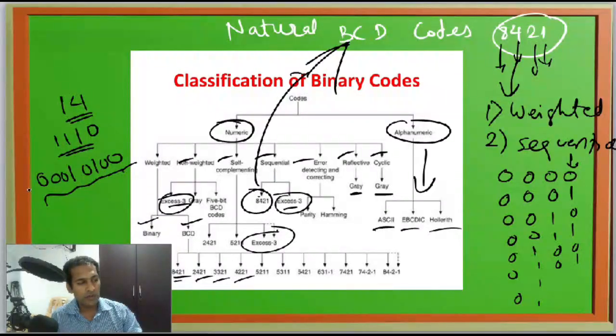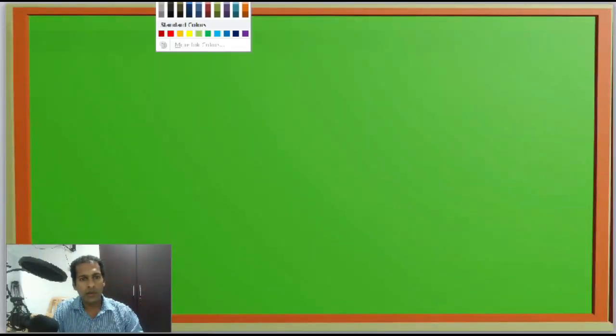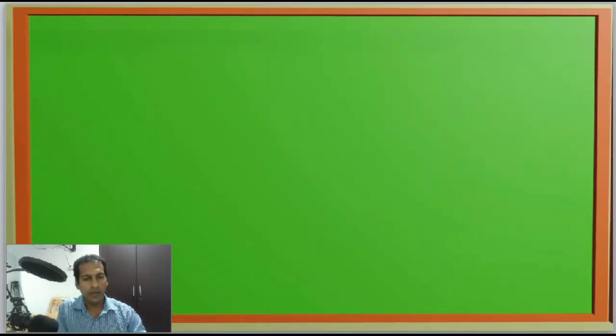Another disadvantage of the BCD code is that arithmetic operations are more complex than they are in pure binary. There are 6 illegal combinations. So we will list out the 6 illegal combinations in BCD.